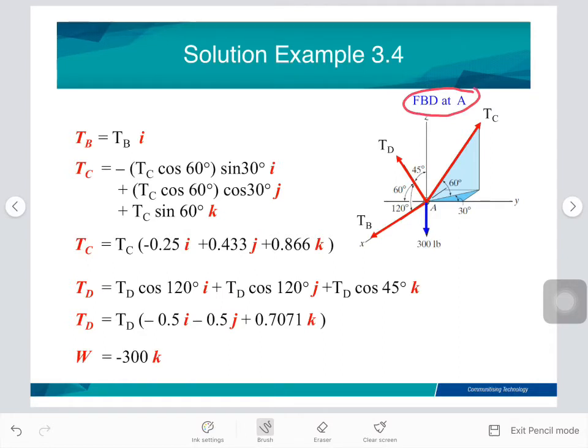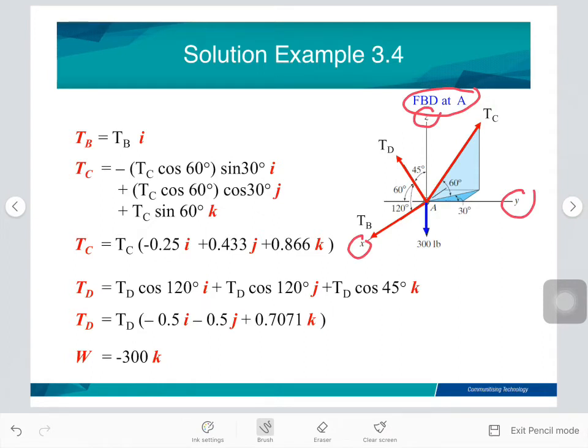First, we need to identify the tension TB in Cartesian. Here we have X, Y, and Z. Must remember the right-handed system.